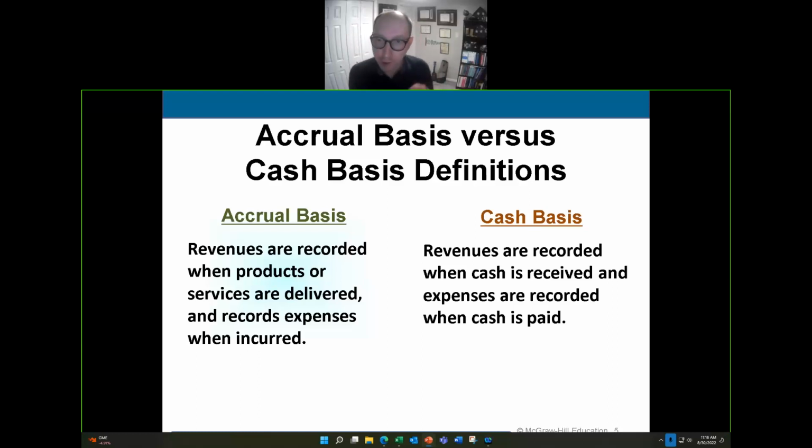However, some companies will use the cash-based accounting system. The cash-based accounting system records revenue when the cash is received, not when we deliver the product or the service, when the cash is received. And some companies using the cash-based system will also record expenses when the cash is paid. The two systems are very different from each other because of the way that revenue is recorded and expenses are recorded.